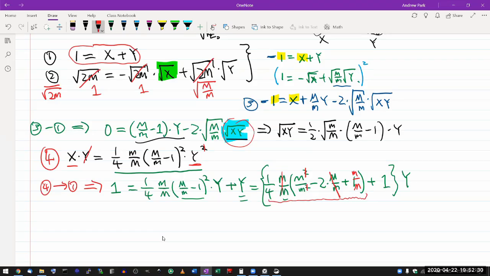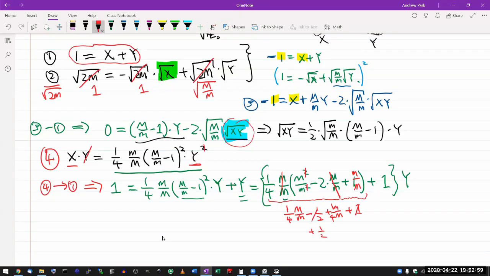So let me just write it out so that you can see. 1/4 big M over small m minus, now I have 2 over 4, just minus 1/2, plus small m over big M plus 1. Oh, sorry, that's 1/4 there. So you say, oh, I have that 1 there. I can combine that with this. So it now becomes plus 1/2.